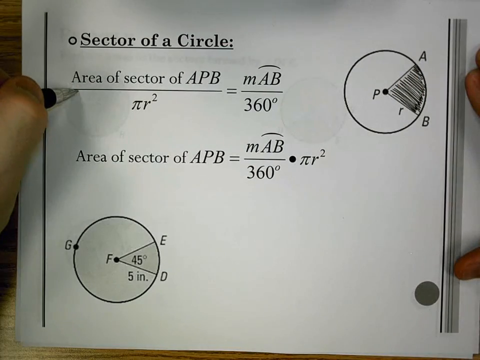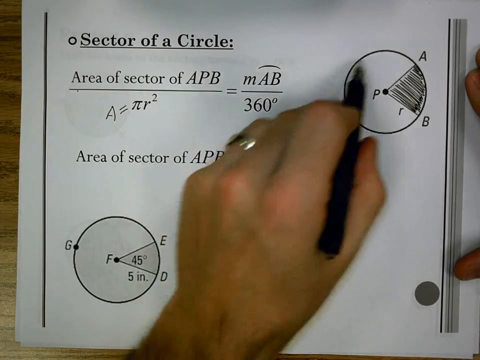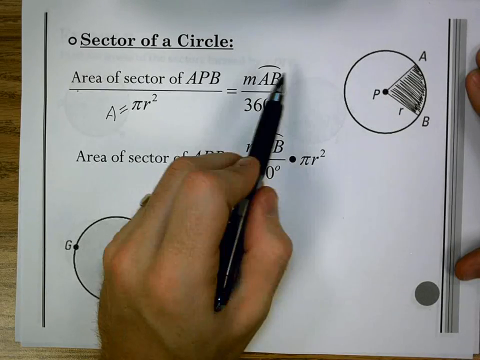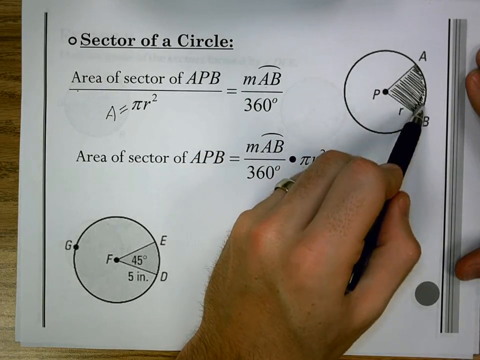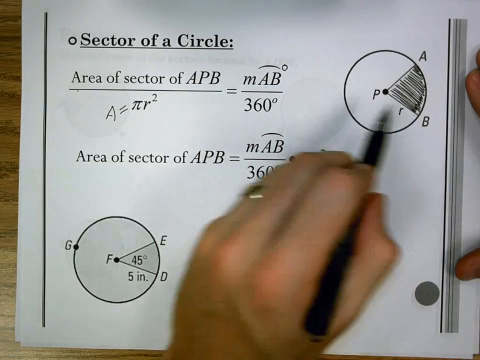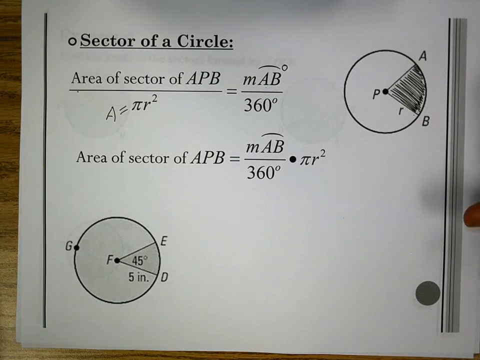That's APB. That compared to the area of the circle, or the whole thing, so this piece compared to the whole thing, is equal to the measure of this arc in degrees, or its angle, to 360. So those are equal because it's a portion of the whole thing.